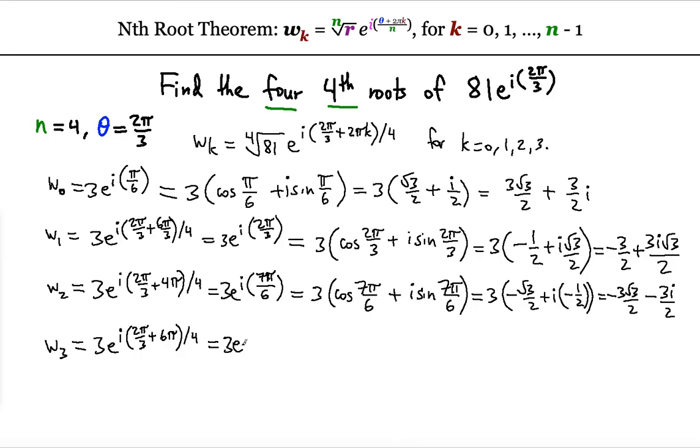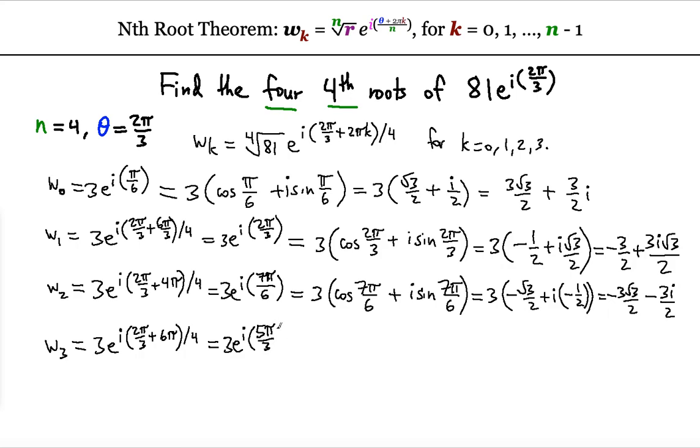Now we get 3e to the i, and 6 times 3 is 18, so 20 pi over 3. 20 pi over 3 also being divided by 4 is the same thing as 20 pi divided by 12, which is the same thing as 10 pi divided by 6, or 5 pi divided by 3, if you reduce that.